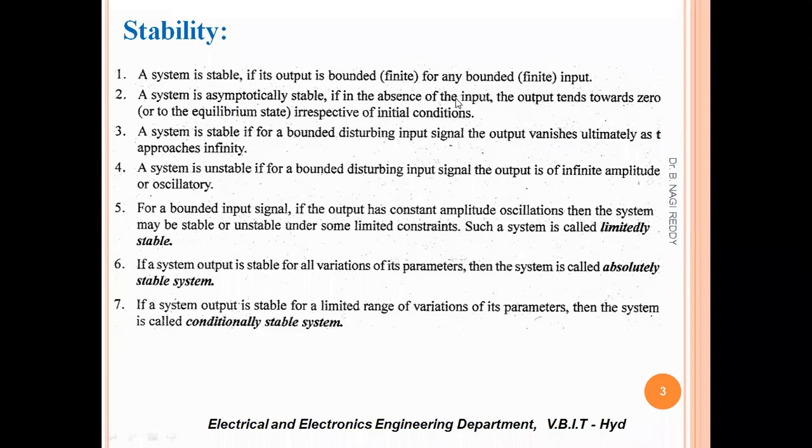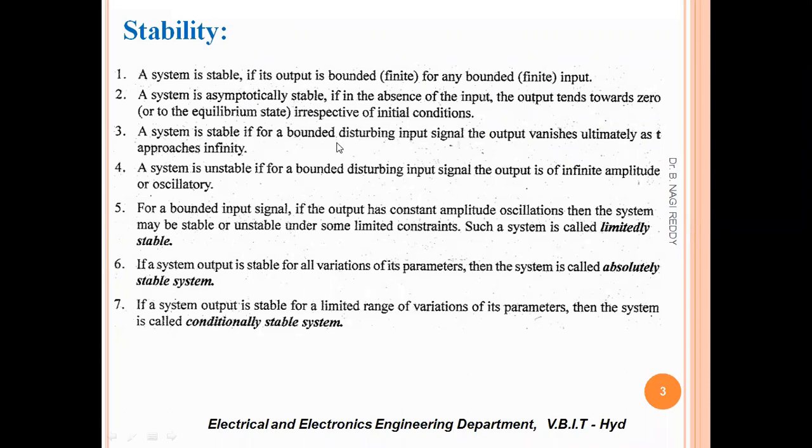If the input becomes 0 or there is no input, then the output response comes to 0 slowly. This type of stability is called an asymptotically stable system.